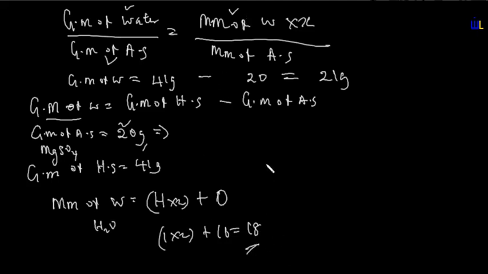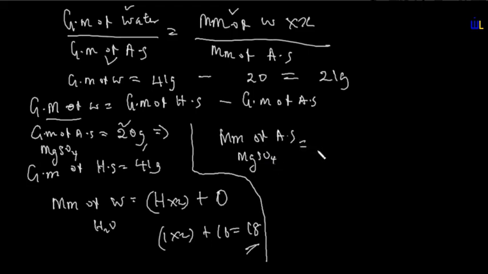Did everybody get this? Yes, sir. So let's find the molar mass of the anhydrous salt. The anhydrous salt is just MgSO4 without water. Anhydrous means it doesn't have water. Mg is 24, S is 32, O is 16 times 4. What is this going to be? 16 times 4 is 64, plus 32 is 96, plus 24.